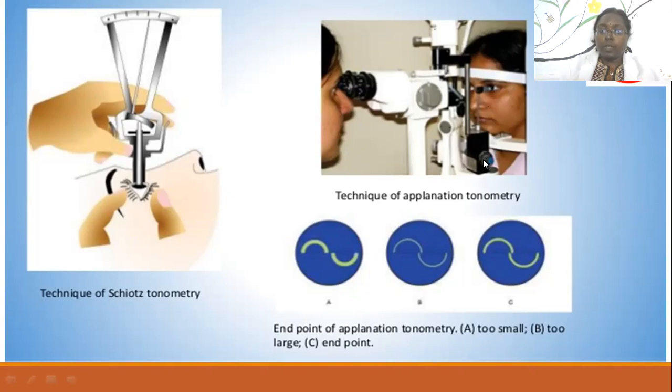You start with one, and then you increase it until the inner end of the upper mire coincides with the inner end of the lower mire. So both the upper and lower mires have to be of equal size. That corresponding reading gives the intraocular pressure.